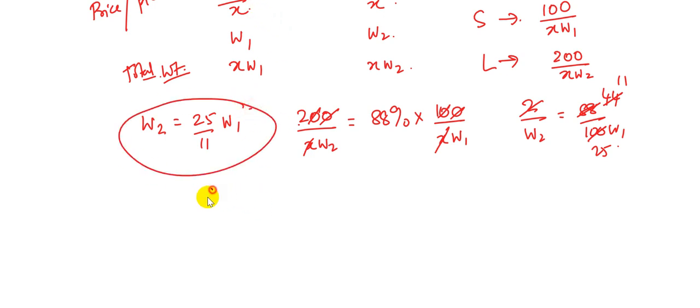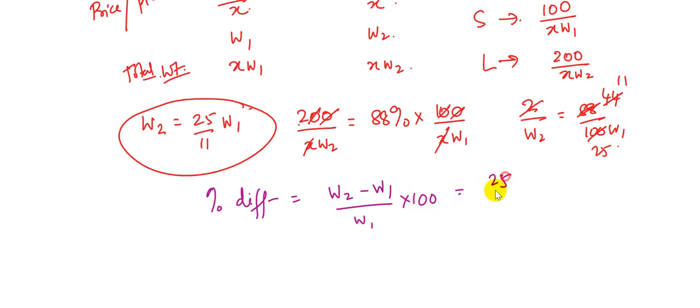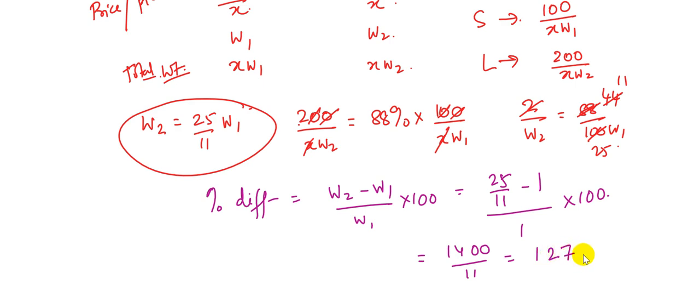So the percentage difference will be W2 minus W1 by W1 into 100, which is 25 by 11 minus 1 by 1 into 100, which is 25 minus 11, that's 1400 by 11, which is 127.2%.